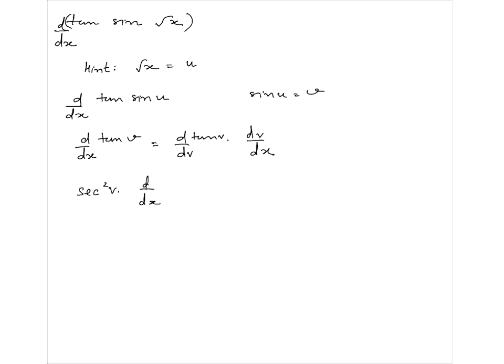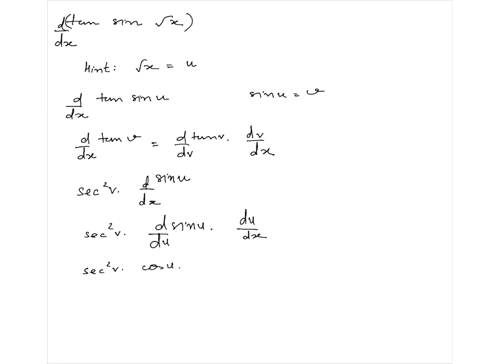One is v, the other is x. In place of v, we write sine u. We can handle sine u if this is not x but is u. So we convert x to u. But we can't do it just like that. We need to use the chain rule. d/du of sine u is no problem, so we differentiate it straight away.